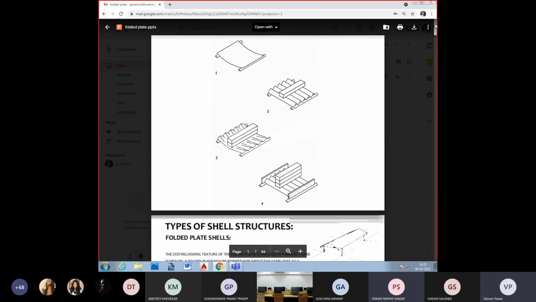But definitely the folded plate is a principle; it is not restricted to material per se. All right, thank you. Vikram had one project with the same concept where they used glulam beams, I think, for the folded plate.